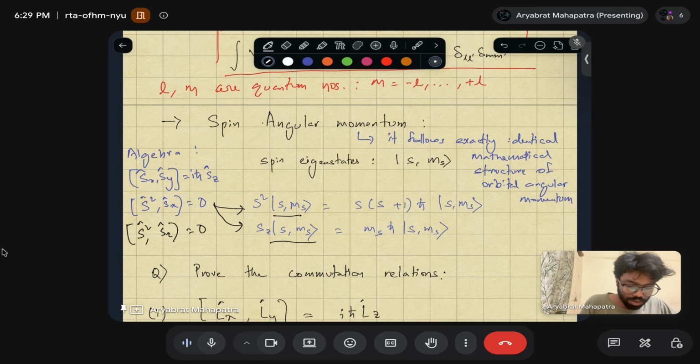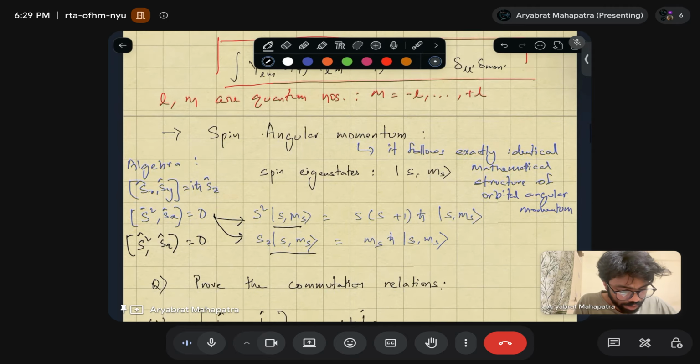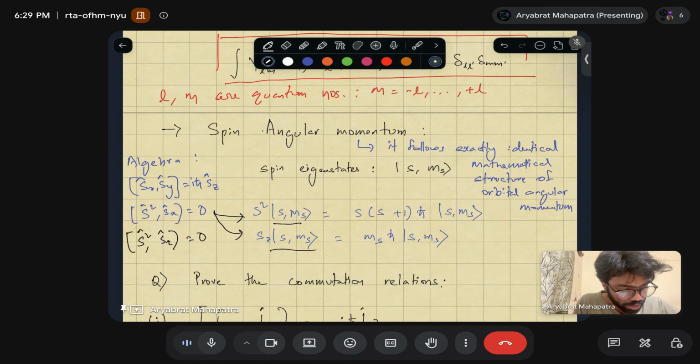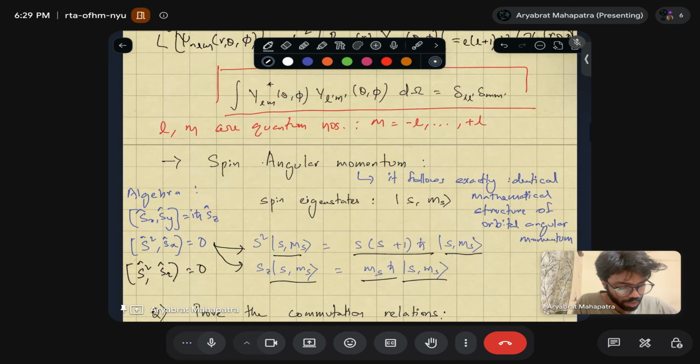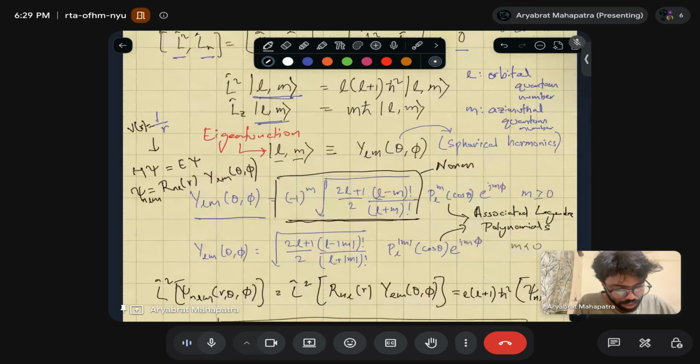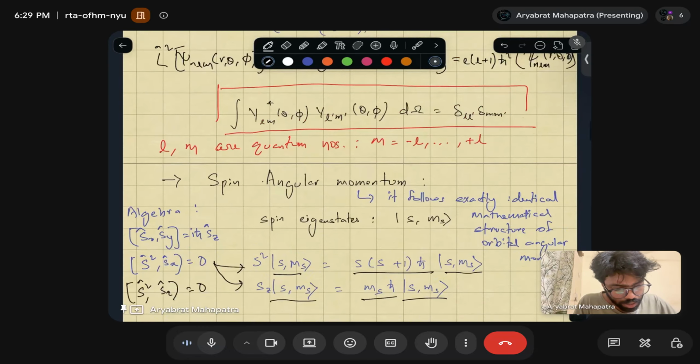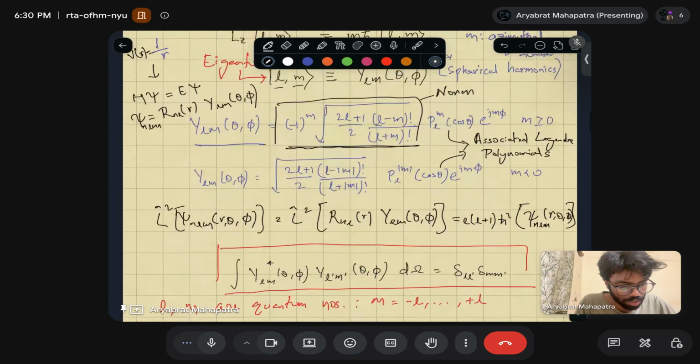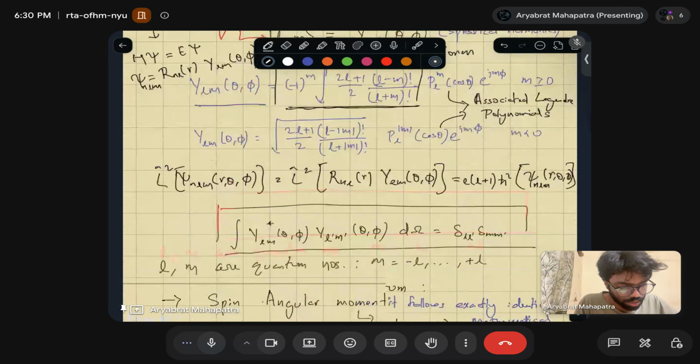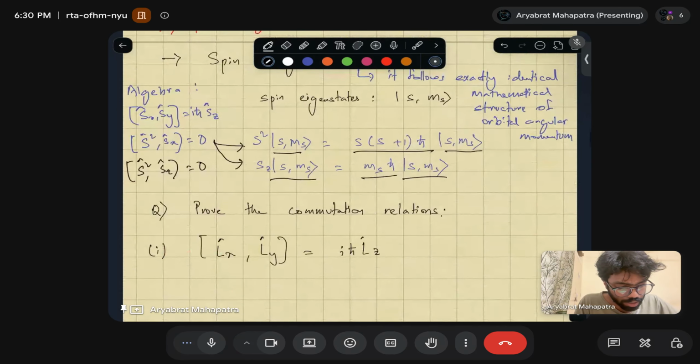S square will commute with any component of the spin angular momentum, just like how we have seen for the orbital angular momentum. And again here, you will find these common eigenstates given as S and MS, and then they will have eigenvalues, the same as what we have seen for orbital angular momentum. So this is what I wanted to tell you beforehand, before we start doing any problem-related stuff here.